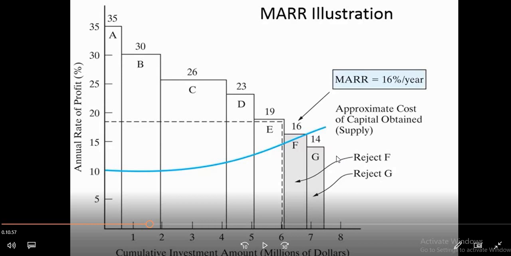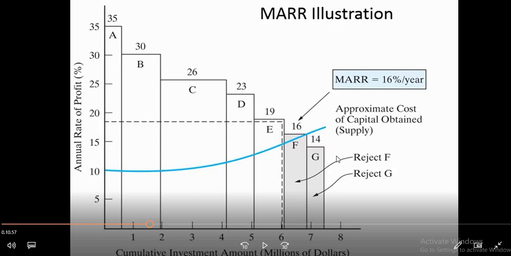Now if the company earns money below 16%, in that case the company cannot pay the installment of the loan taken from the bank. So it is not desirable. So this is the minimum attractive rate of return.